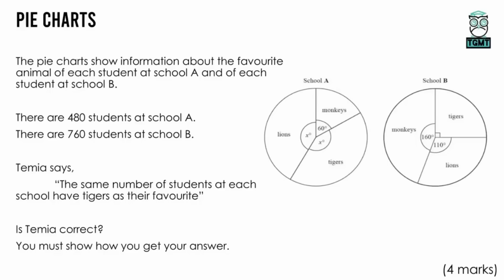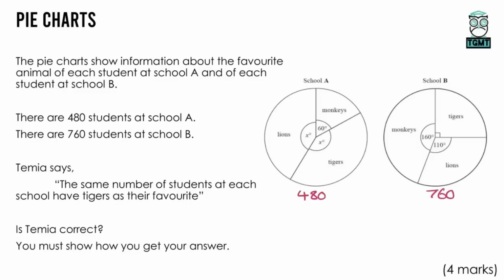Is Tamia correct? Well, in order to find how many people actually like the tigers the most, we just want to break down the pie chart and see what 1 degree represents in each pie chart. We can then find out what any amount of degrees represent. So if this pie chart over here on the left, school A is 480 students, and of course 760 on the right, we want to find out exactly how much is in each sector.